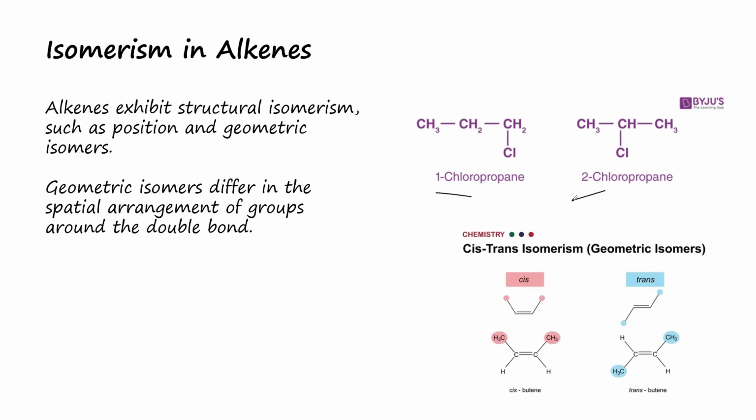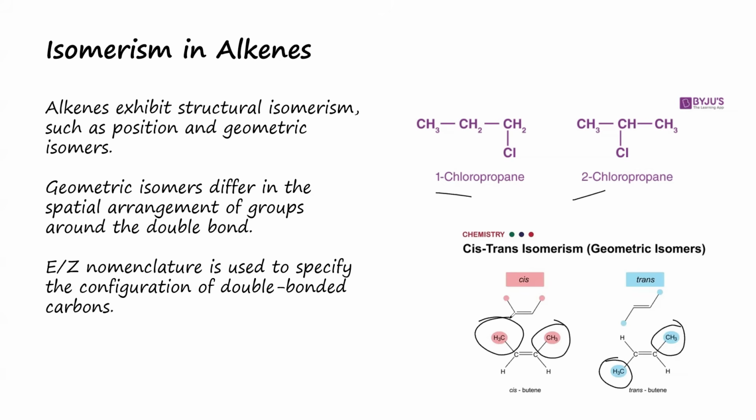And for trans isomerism, it means that the groups are transverse. So you see this one is transverse to this, and this one is in the same plane. That is in the case of geometric isomerism. It applies only to compounds that have a double bond. And also we have EZ nomenclature, which is used to specify the configuration of double bonded carbons.